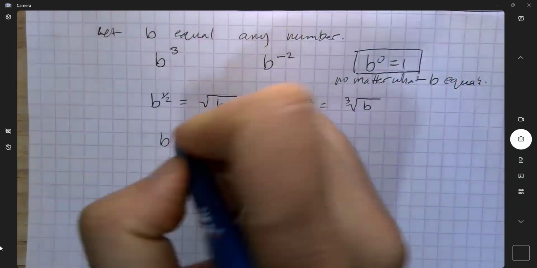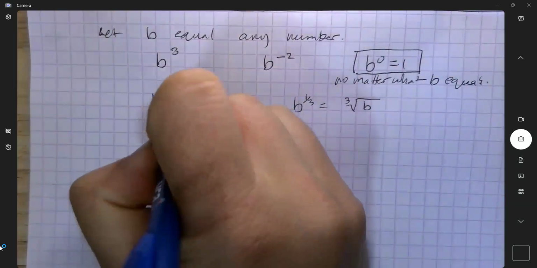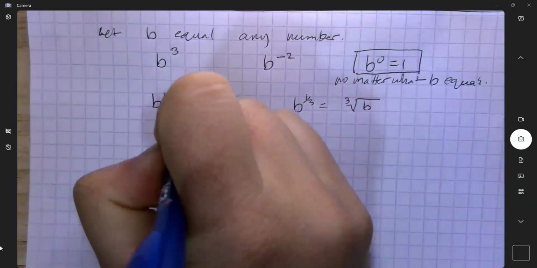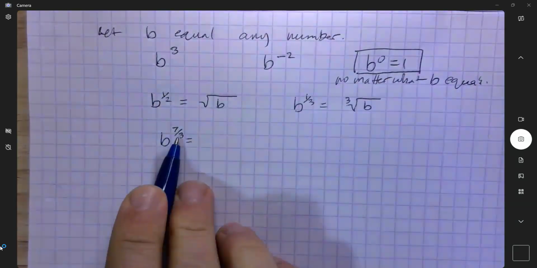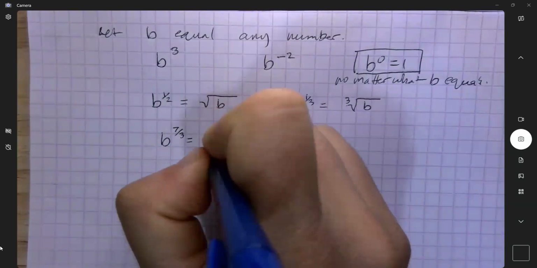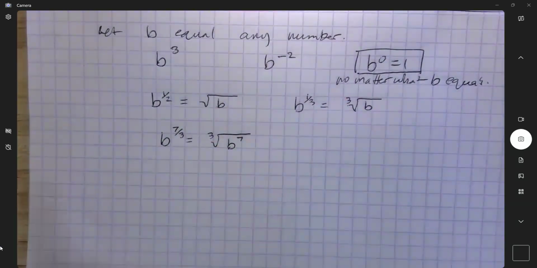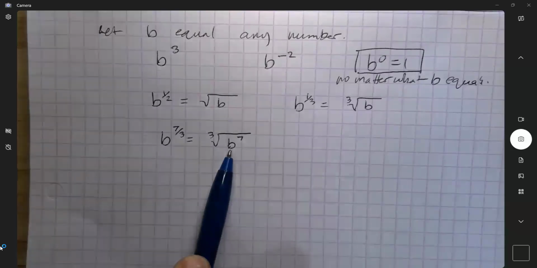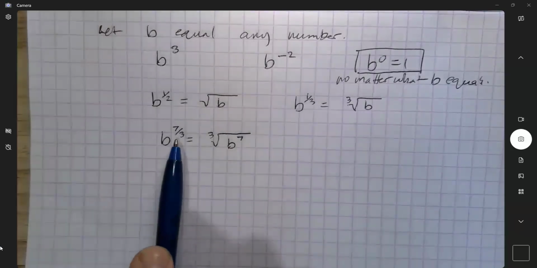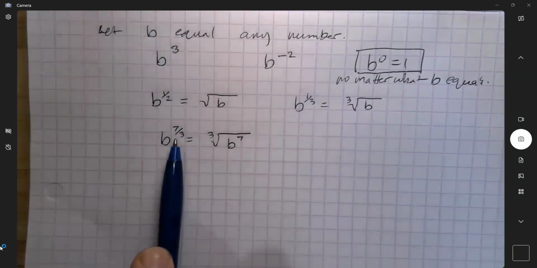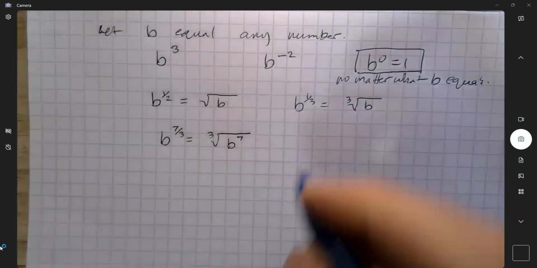And I can combine my powers. I can look at, for example, B to the 7/3. That's going to be the cube root of B to the 7th, is how we could write it. And as soon as we write it using a fractional power, we can use all those other tools of exponents.